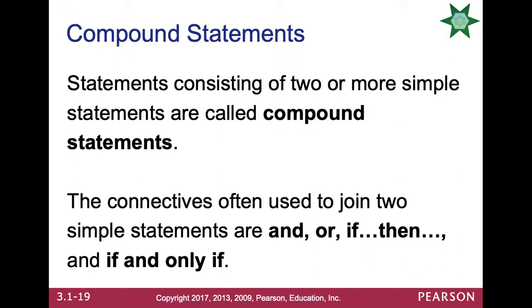Those are two things we're going to be questioning about. The other thing is the if and only if and the if then. For example, I want to go to Florida.